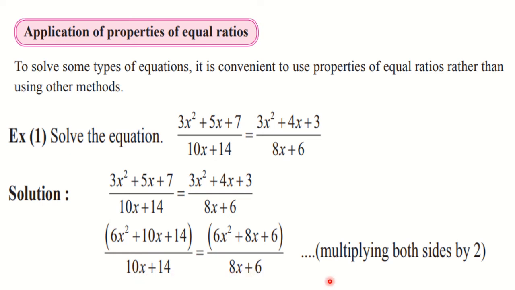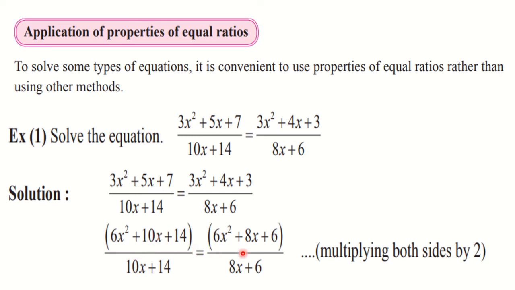So these things you have to keep in mind. First thing to keep in mind is what? You have to equate the terms. You have to make them same. Then observe their signs. If the signs are same, go for dividendo. If the signs are opposite, go for componendo.